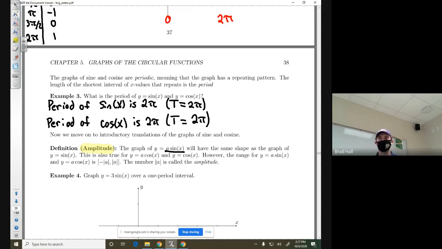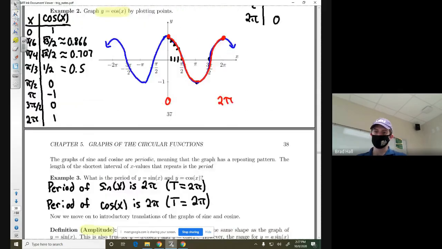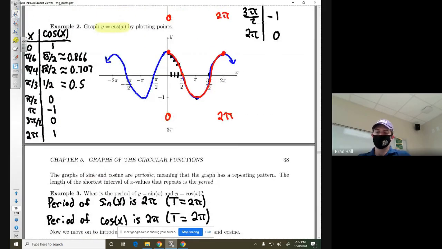Or if you take a cosine function and you multiply it by -5, what happens? Well, what happens is you change the amplitude. And in particular, the amplitude refers to the difference. The definition is a little bit technical, but really the amplitude affects your highest point and your lowest point.